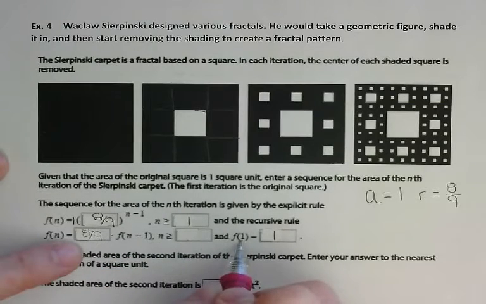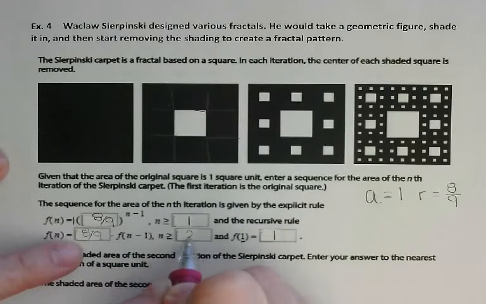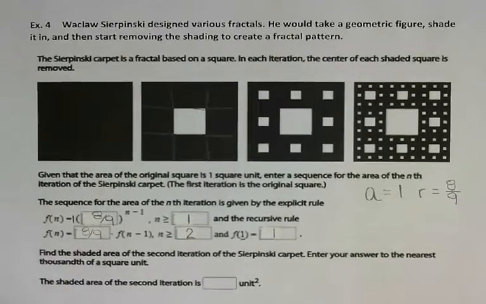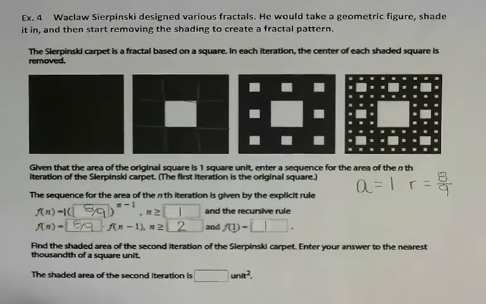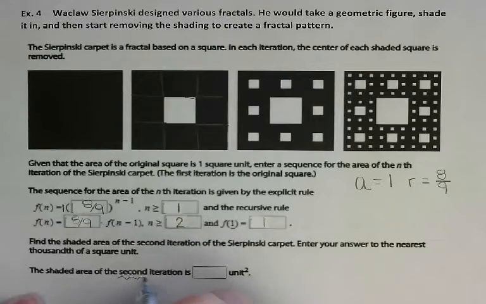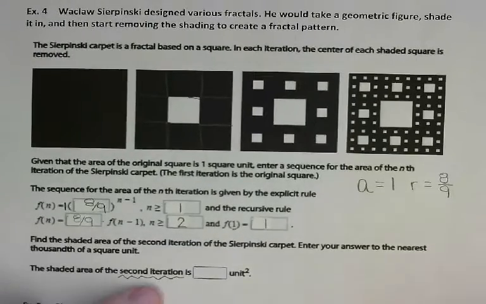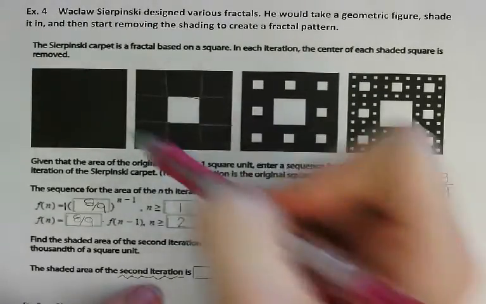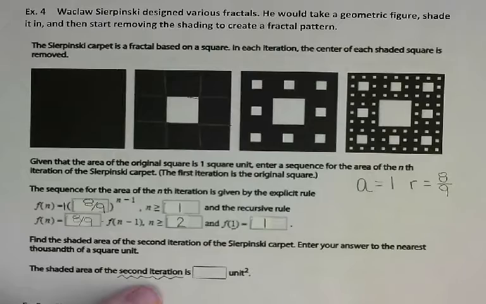Okay, and again, since this started at 1, my n for the recursive rule needs to start off at 2. And then it says find the shaded area after the second iteration. Well, you can count that. And it says then round to the nearest thousandth.